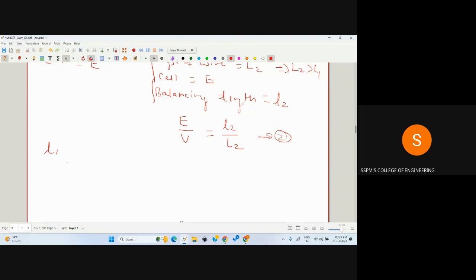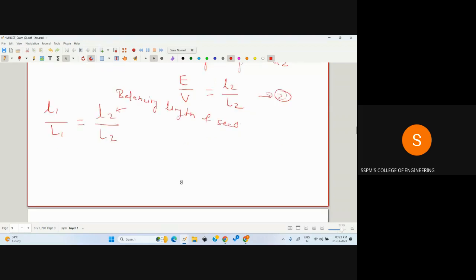Small l2 is the balancing length of the second case. So we have to find l2. l2 is equal to capital L2 divided by capital L1 multiplied by small l1.